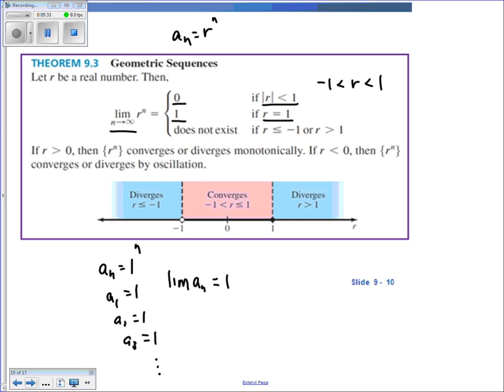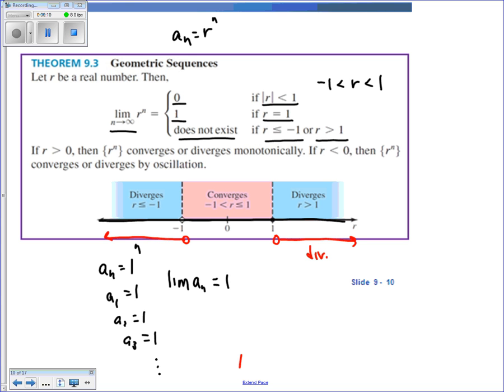Okay, now the times that this limit did not exist were when it was diverging. That's where the limit does not exist because it's growing and growing, and it could either be oscillating or not oscillating, but the key here is that the r is either less than or equal to -1 or bigger than 1. So looking at the number line here, when the r is bigger than 1, strictly bigger, so that means not counting the 1, here it's going to be divergent, and over here it's going to be divergent.